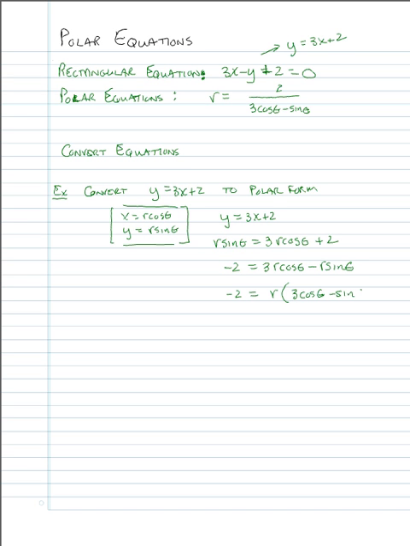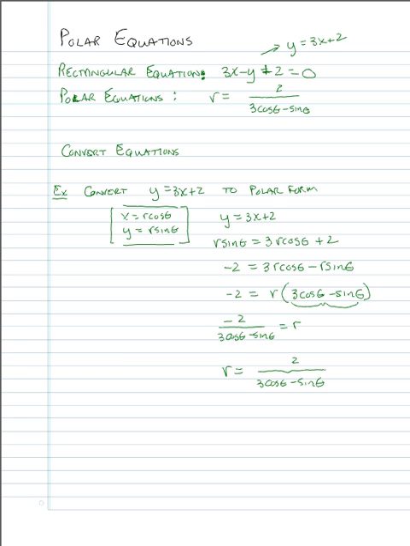minus sine theta. Now, if I'm trying to solve for r, then I need to divide out this expression right here. So I'm going to divide on both sides by that expression, and I'll have -2 divided by 3 cosine theta minus sine theta is equal to r, or r is equal to -2 divided by 3 cosine theta minus sine theta.